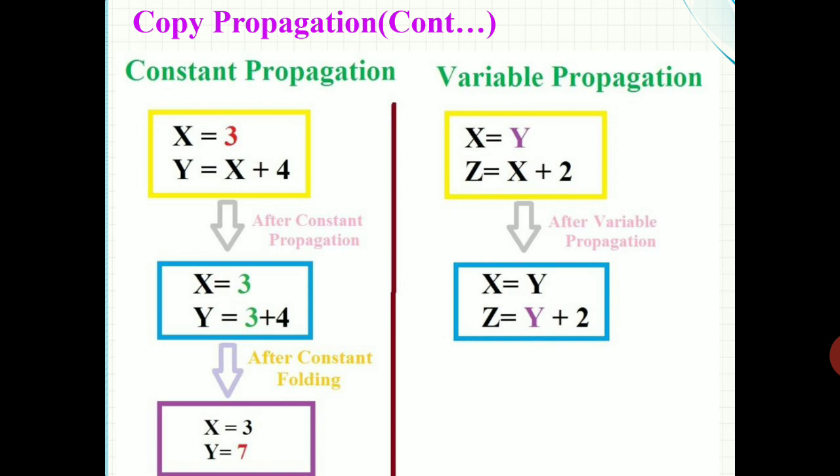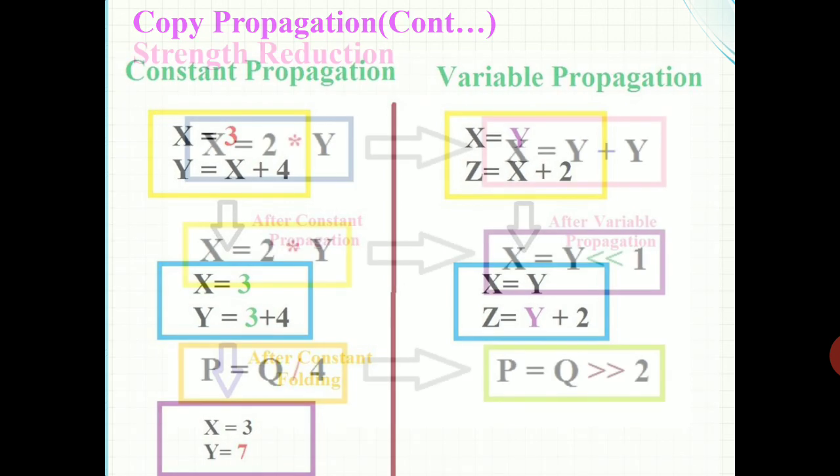There is no usage of the variable x, so we can eliminate that statement from the program. That is the idea of variable propagation. These two optimizations come under the category of copy propagation.